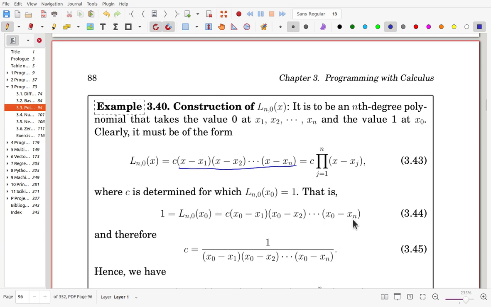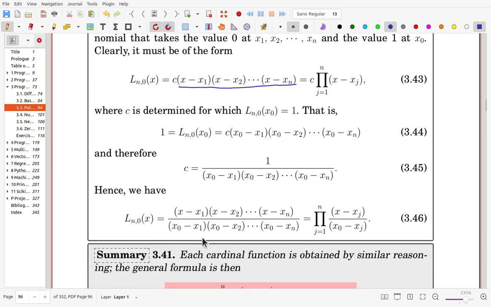So we can solve the equation for C, and we have here. We combine this one and that one to reach this final form. This is just made with product notation.